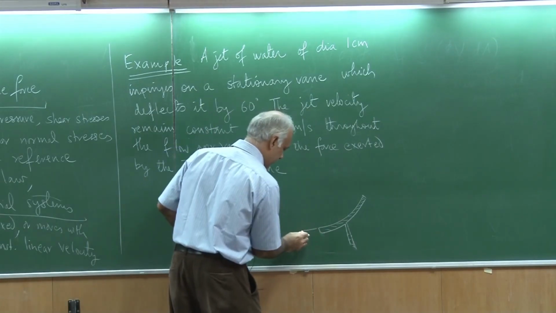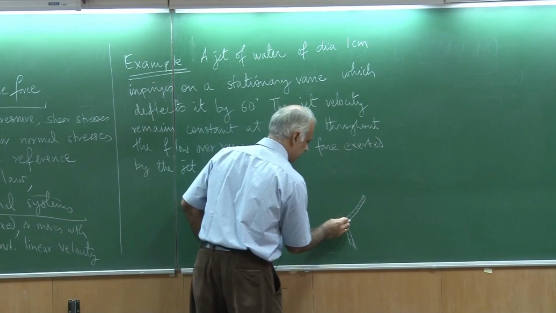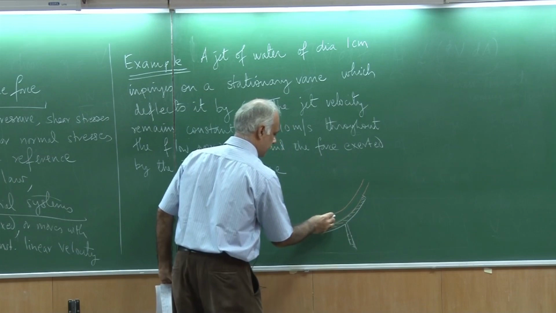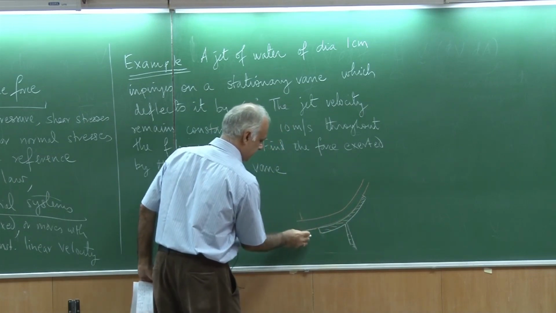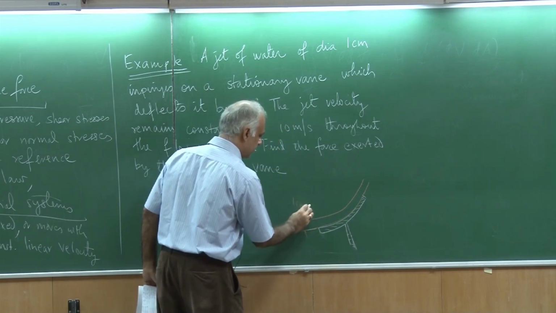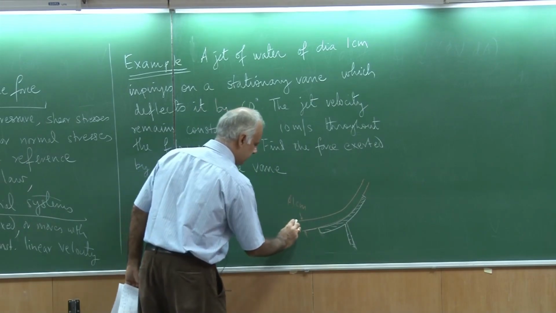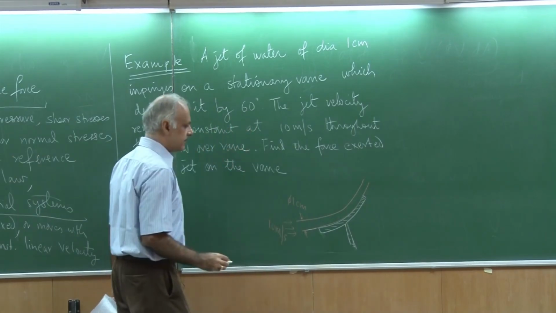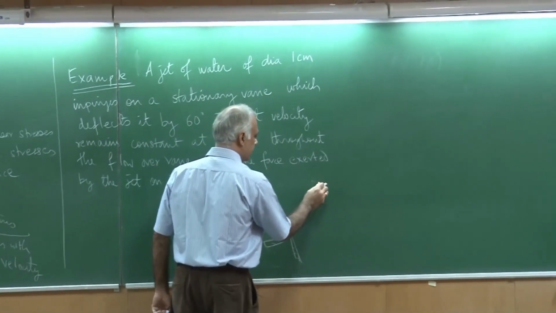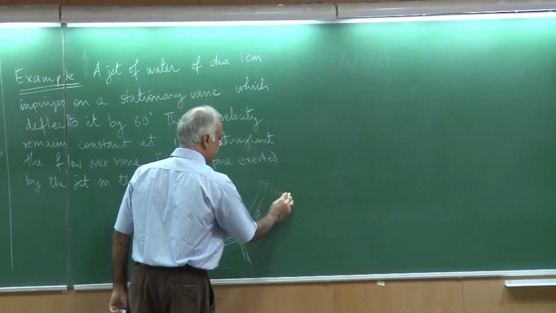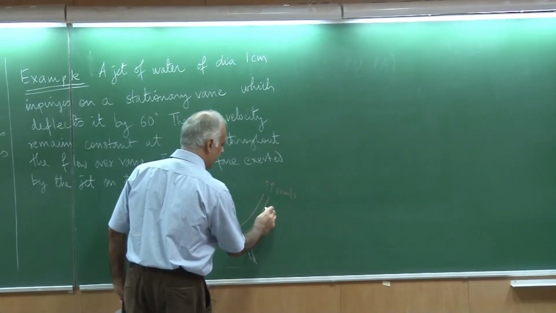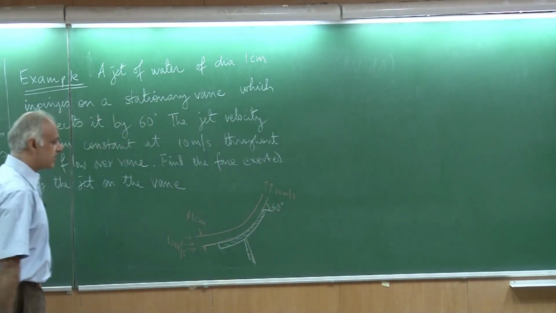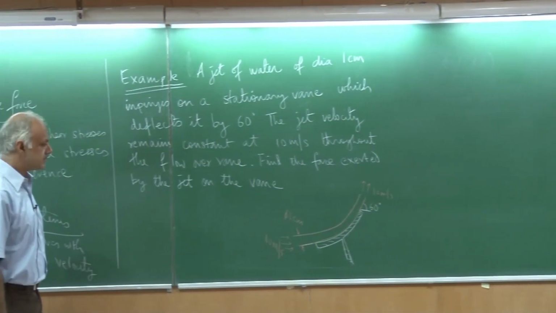So, maybe I will draw that in color. So, that is your jet. The diameter is 1 centimeter and the speed is 10 meter per second. Likewise, this is 10 meter per second, and the vane deflects it by 60 degrees. It comes in horizontally and then leaves at 60 degrees.